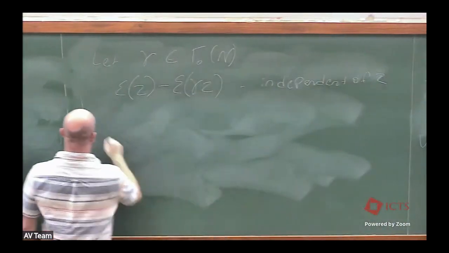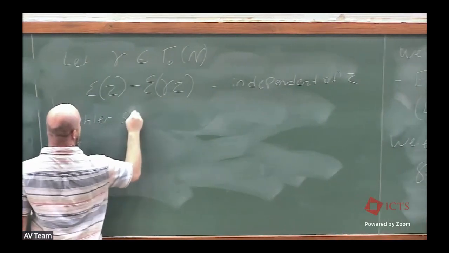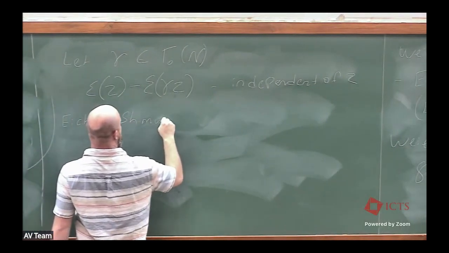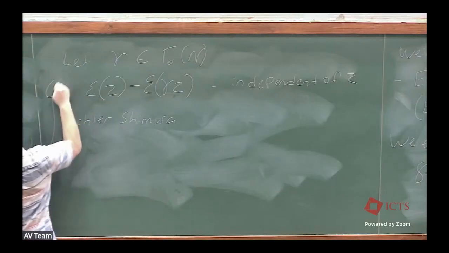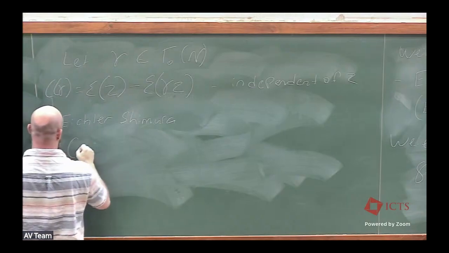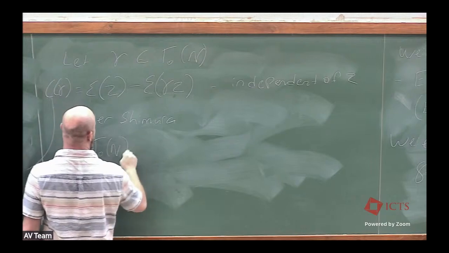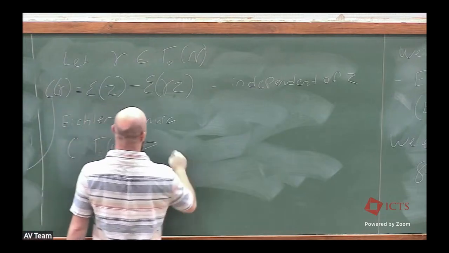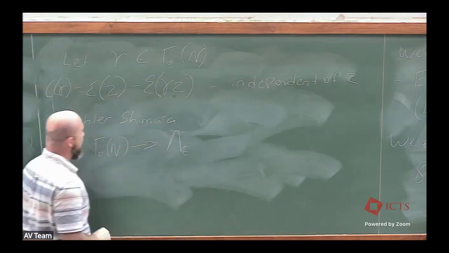And Eichler-Shimura theory tells us that this map, let's say C of gamma equals this, takes gamma naught of N into our lattice.